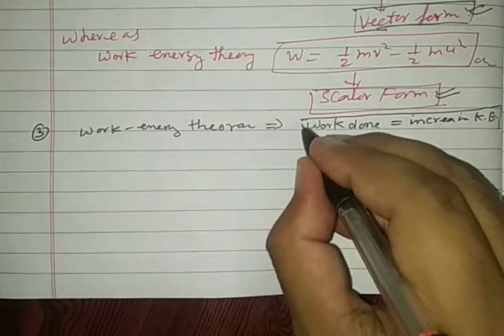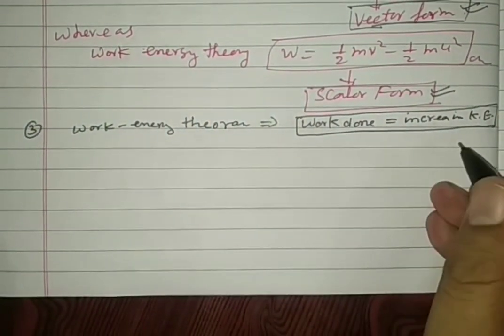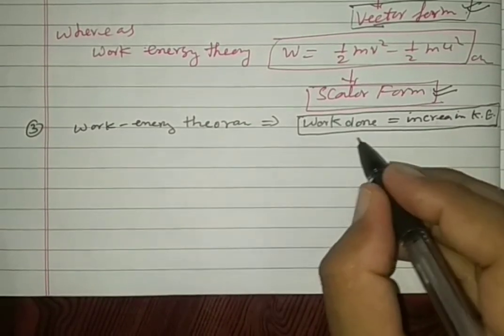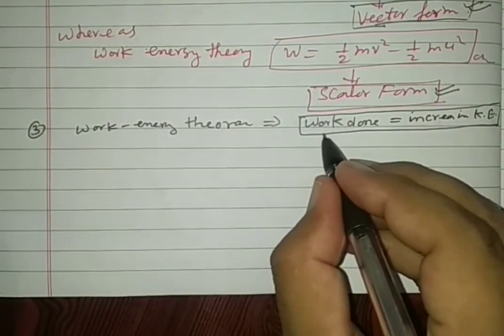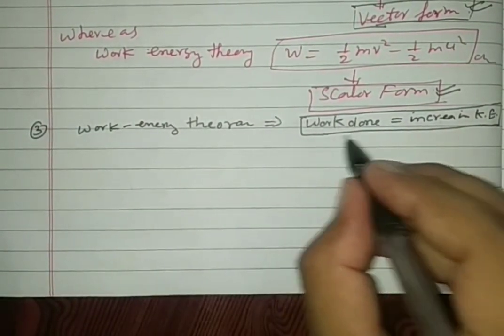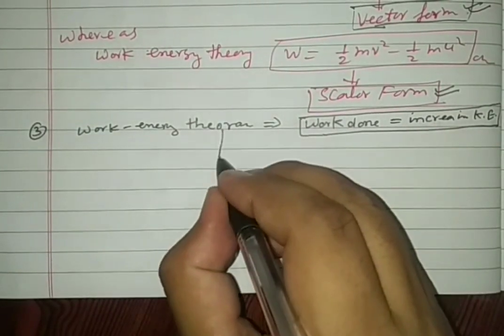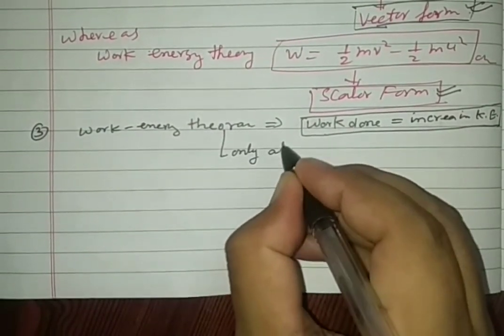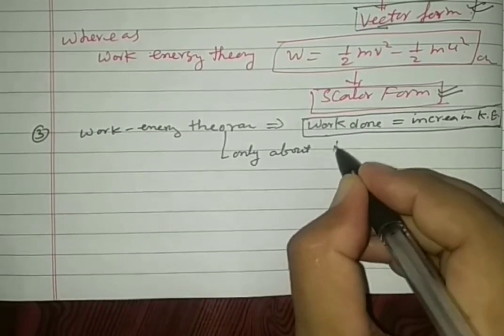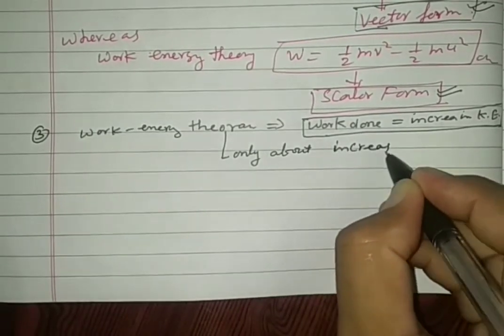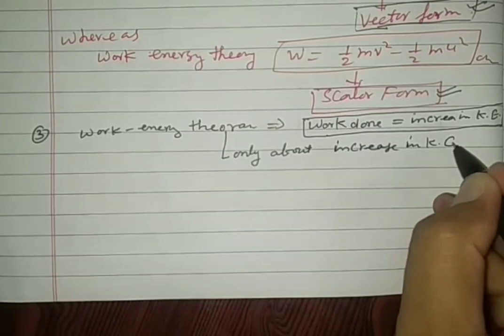Work done on a body is equal to increase in kinetic energy of a body. So this theorem speaks only about increase in kinetic energy.